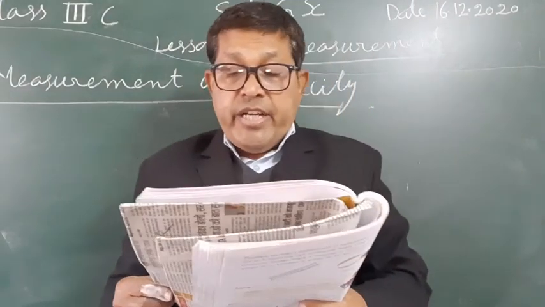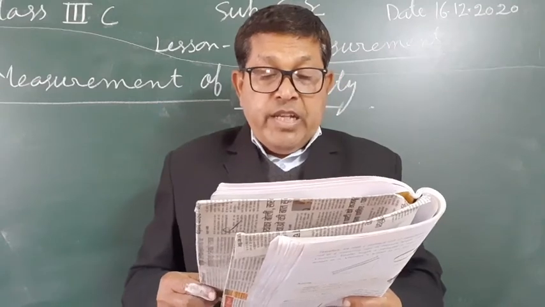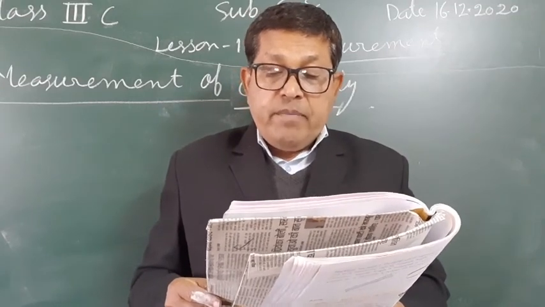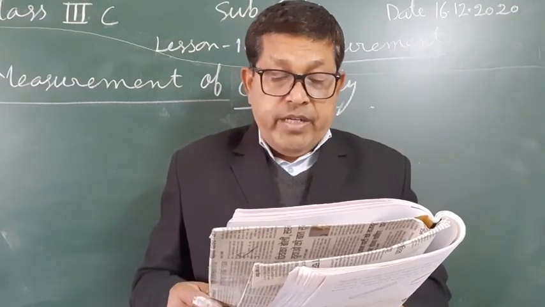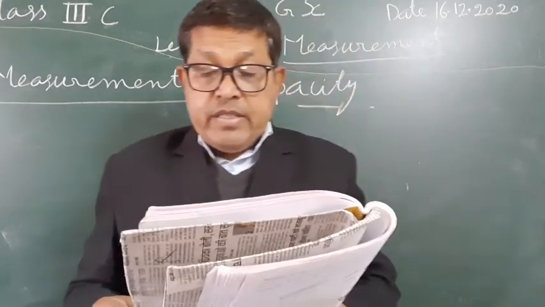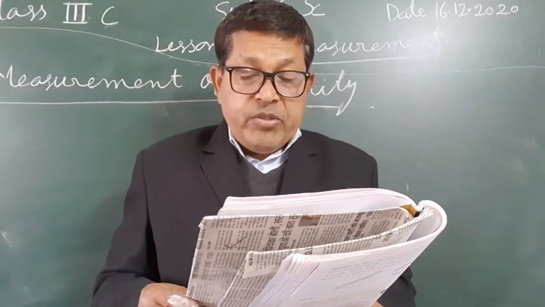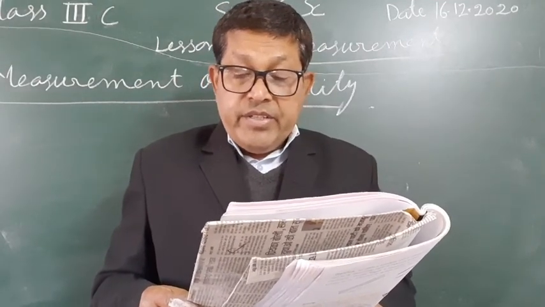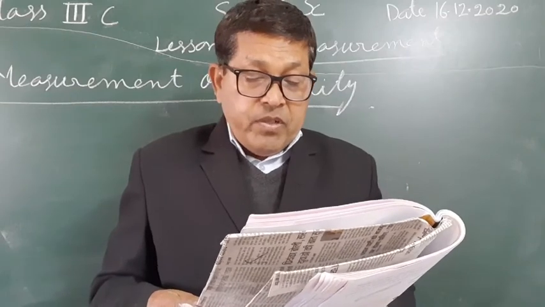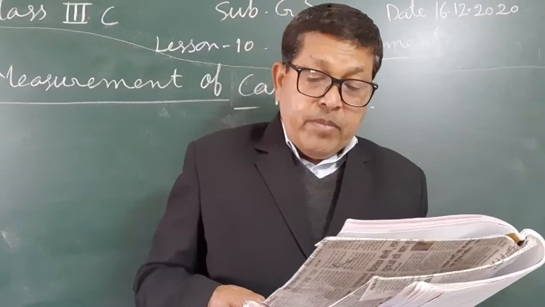Liter is the standard unit to measure capacity or volume. Liquids like water, milk, kerosene, petrol and diesel are measured in liters and milliliters. Bigger volumes of liquids are measured in liters. Smaller volumes of liquids are measured in milliliters.